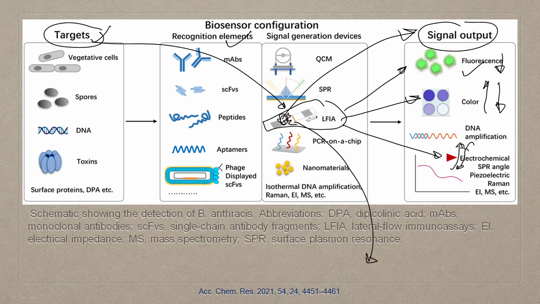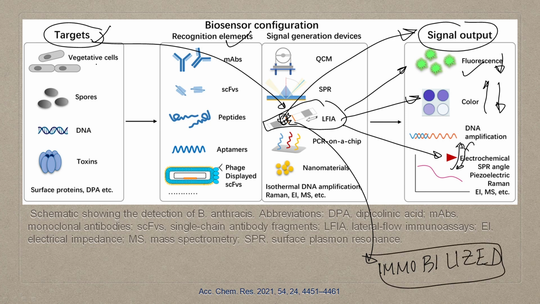The antibody is immobilized, and on this immobilized surface you run your target molecule, and upon binding what you see is a signal output. These are the 4 basic elements of a biosensor configuration.